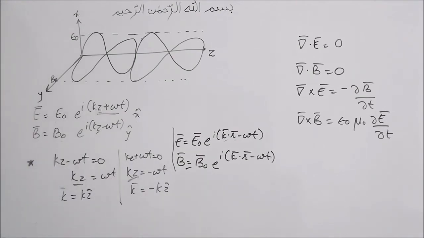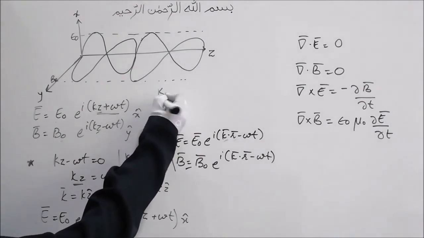Or a third example you can consider is when the electric field vector is like this: E naught e raised to i(k by 2 y plus root 3 by 2 kz plus omega t), and let's consider this to be along the x hat direction. So to find the direction of propagation of the wave, or the wave vector, we will take the argument equal to 0.